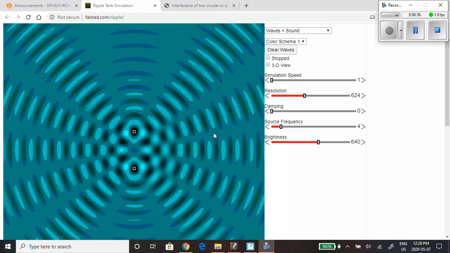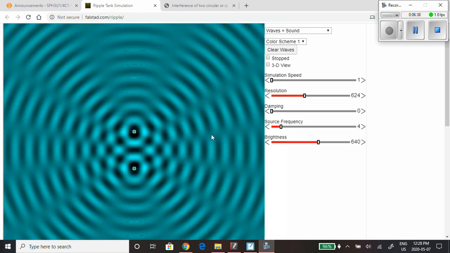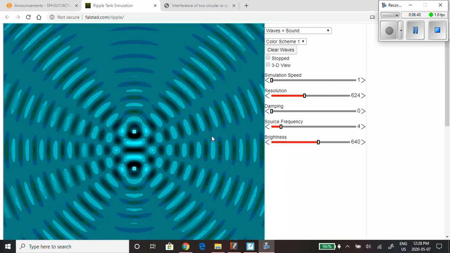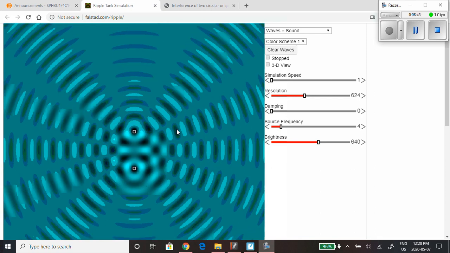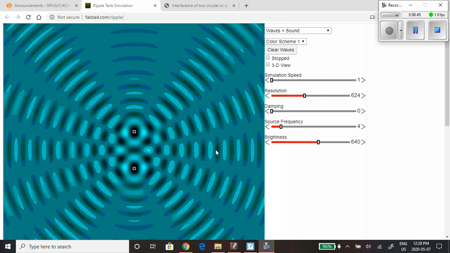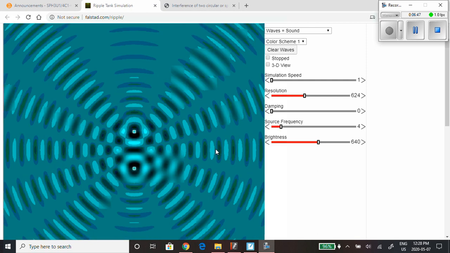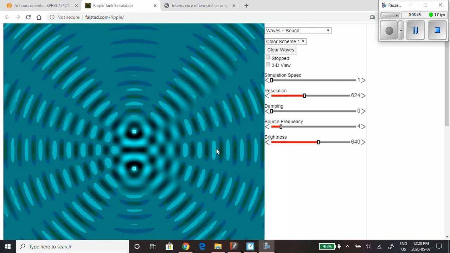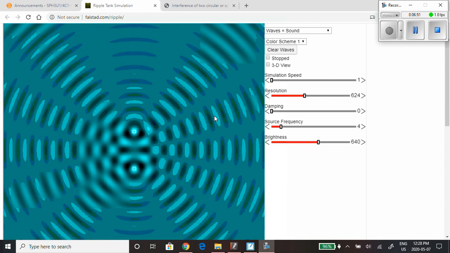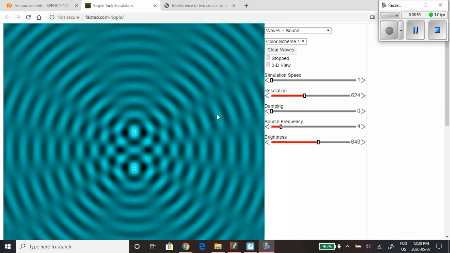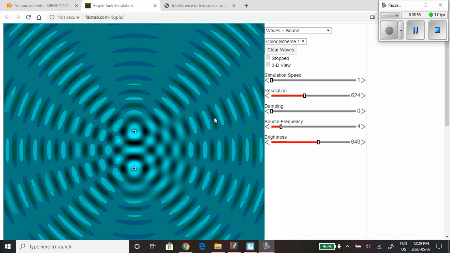If you were standing there, it would not be that loud. Destructive interference, compressions continually meeting rarefactions. In here and here, where it's not grayed out, where you see the bright and dark continually moving, this would be an area of constructive interference. It would sound loud to you if you were standing there.